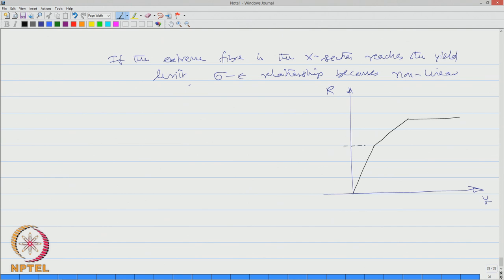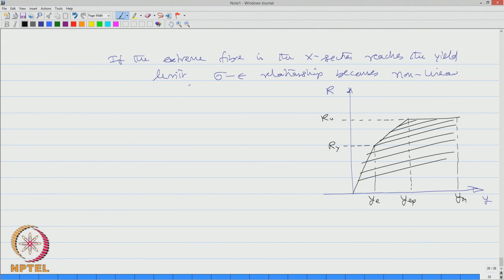So, we agree that this is my yield strength and this is my resistance at yield, and I can say now this is my ultimate strength or resistance and this value is my yield point and that is my maximum value y m, and strain energy of course is the area of this curve. This gives me strain energy.